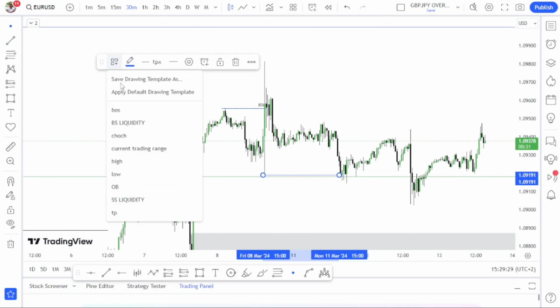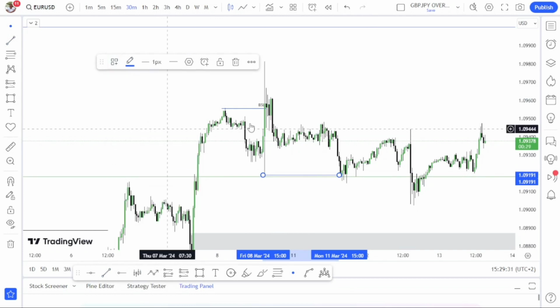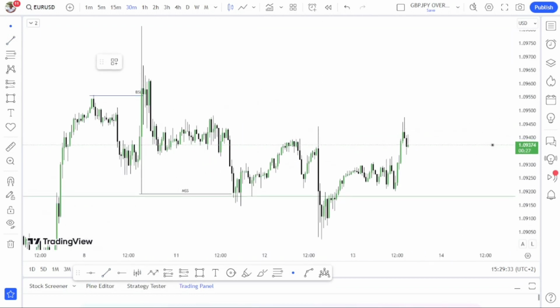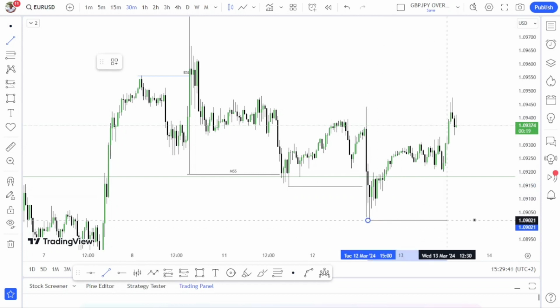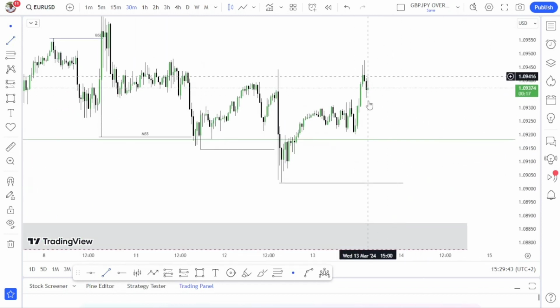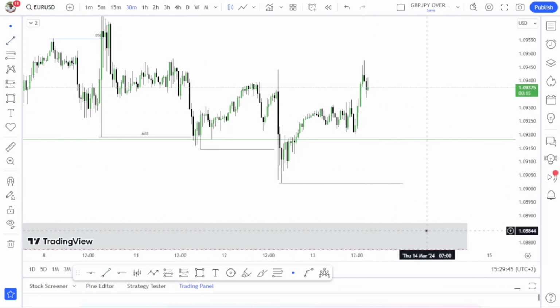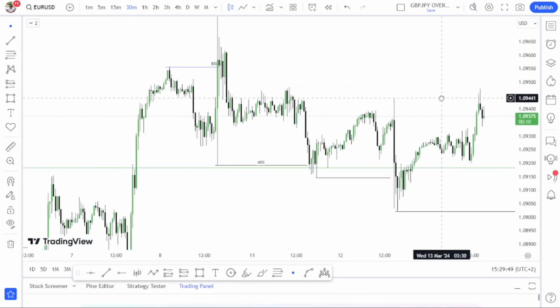Our market structure shifted, our change of character, and we had a break of structure, and we're just waiting for this low to be violated. So I'm expecting a small rally to the downside, go up, and then come down again on a 4-hour time frame.